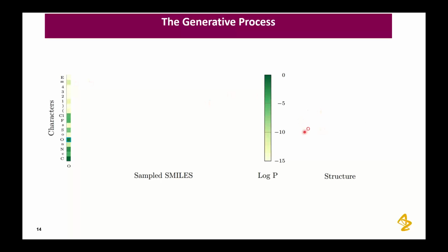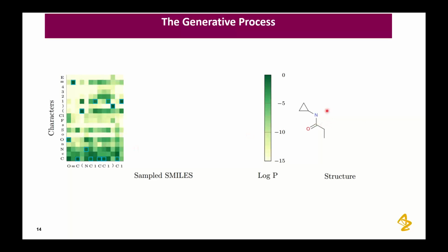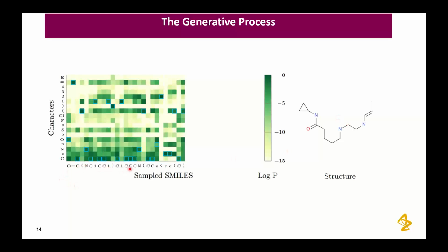So you can see here the oxygen being generated. And as the next step, the probability is also for the double bond to be generated, and it picks that one, and so on and so forth. And here you can see the structure emerging, and here you can see the SMILES string being generated.